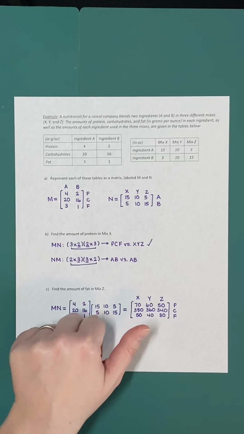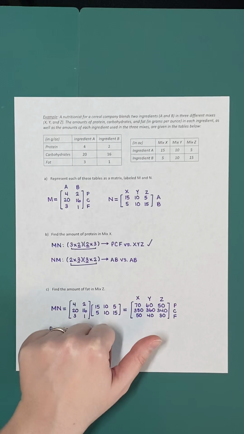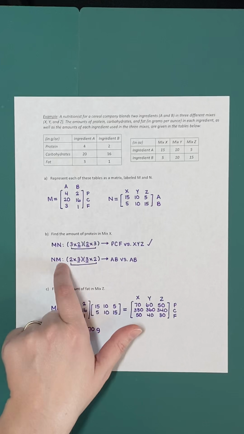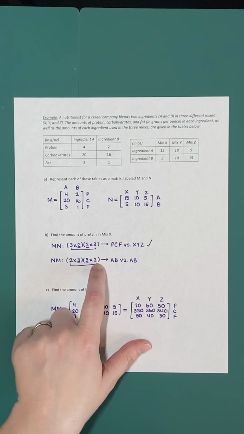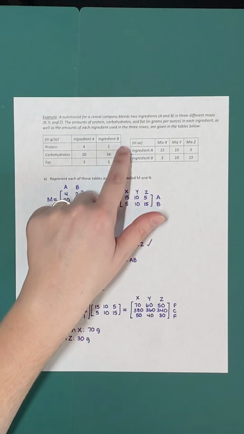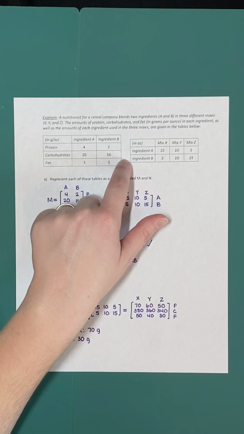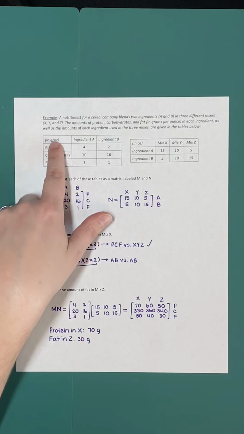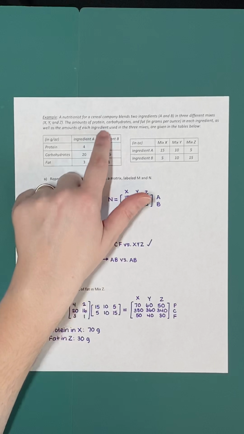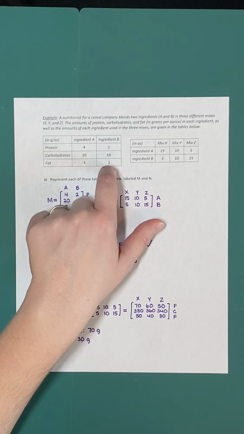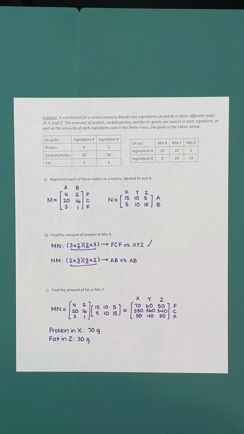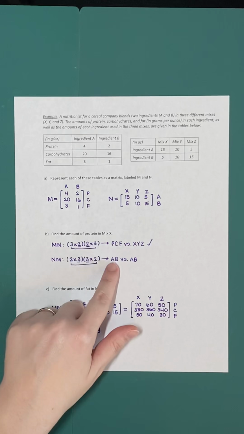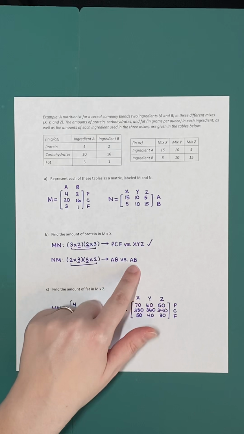Let's look at the second one though before we just dive in and decide anything. So now we're doing N times M. So again, we're looking at rows by columns. Well, the rows in N represent ingredient types, and then the columns in M also represent ingredient types. So when we do the multiplication, those labels go with the resulting matrix. So it ends up being ingredients versus ingredients.